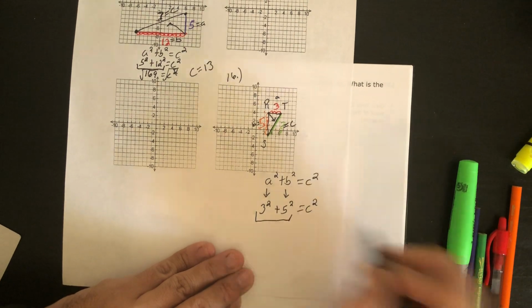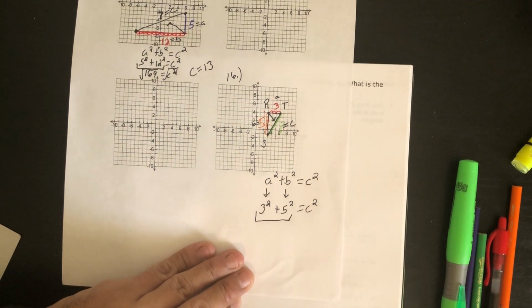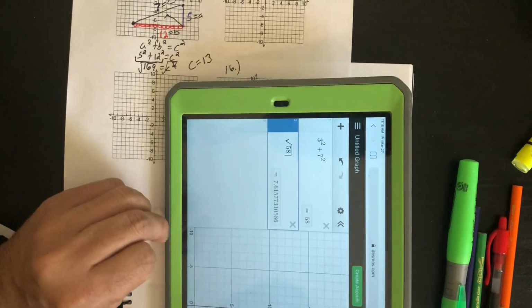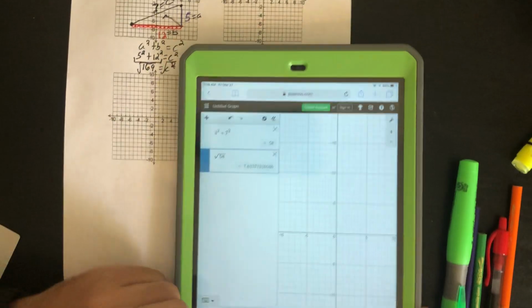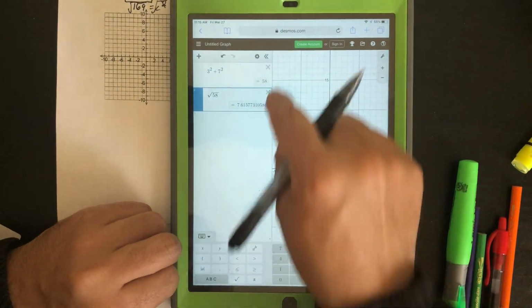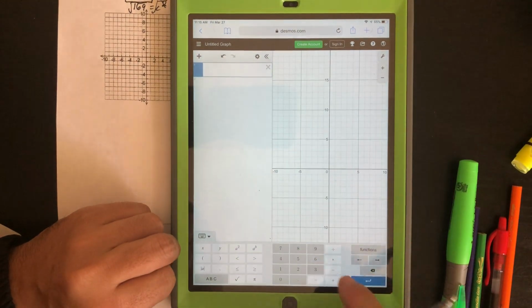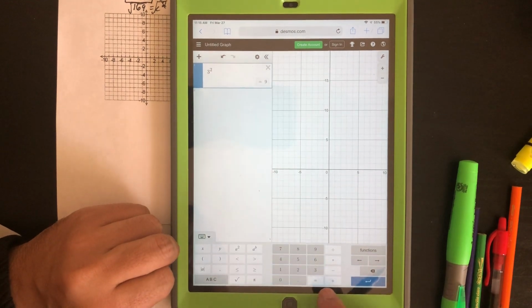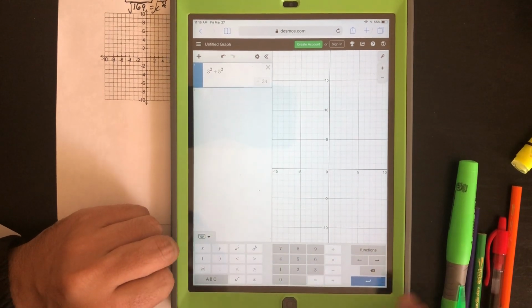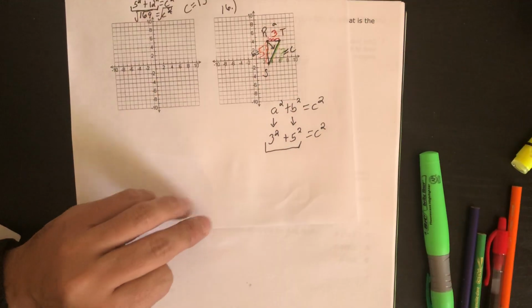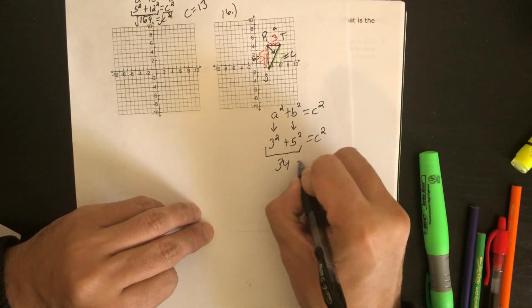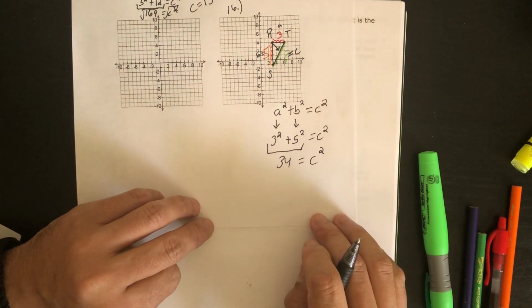Now using Desmos, I'm going to figure out what 3 squared plus 5 squared is. 3 squared plus 5 squared gives me 34. So 34 equals C squared.